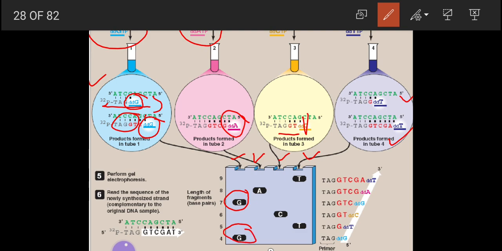The longer fragments will have their stain at the upper part of the gel, and the smaller fragments, as their size is smaller, will move downwards more quickly, and their stain will be shown at the lower side of the electrophoretic gel.